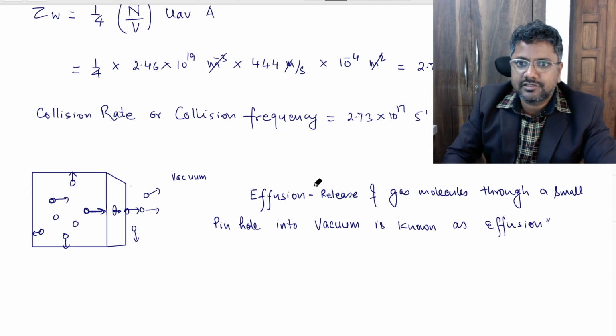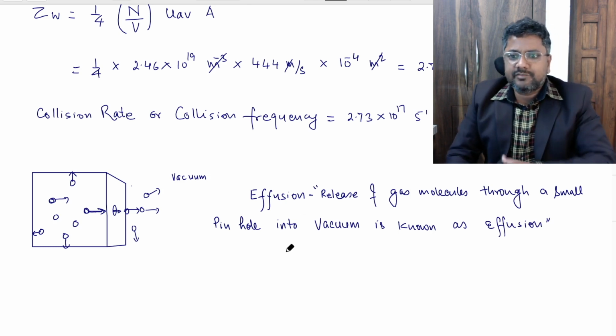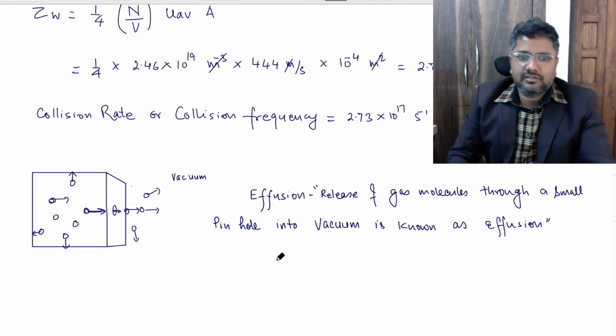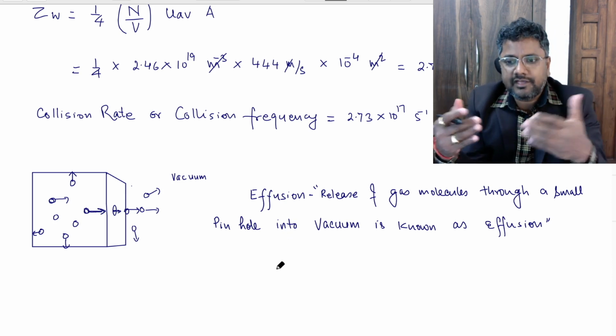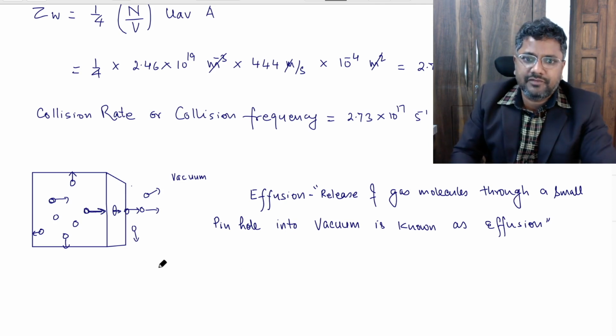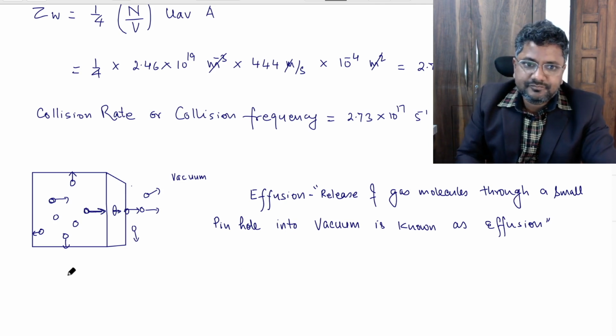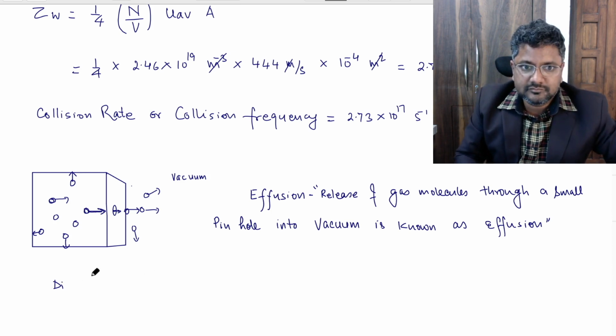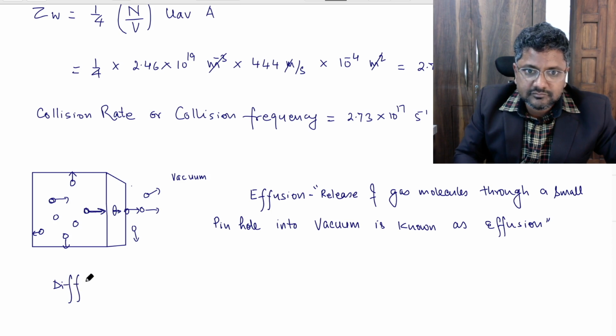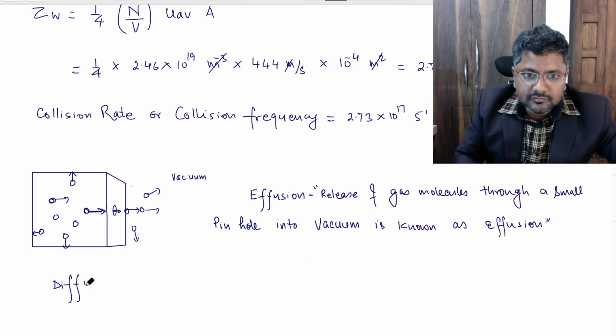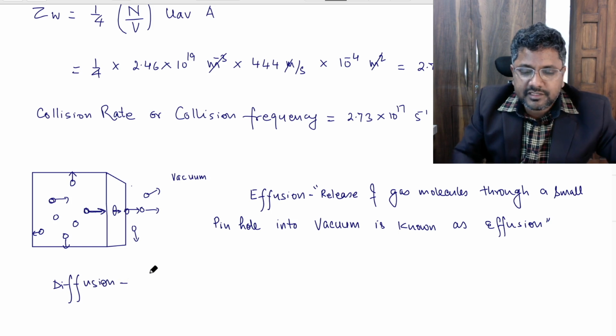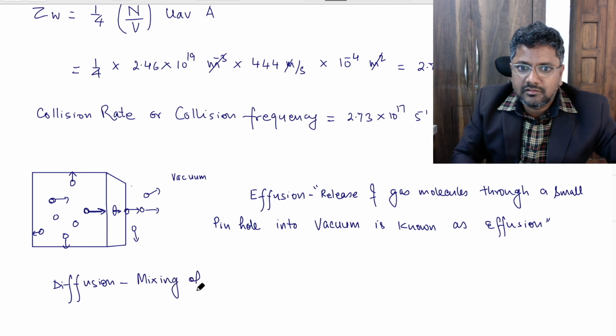Diffusion, right? And diffusion is basically a more general term than effusion. In diffusion, there is no need of vacuum. Mixing of two gases is called diffusion. So diffusion is basically mixing of two or more gases, simply gases.